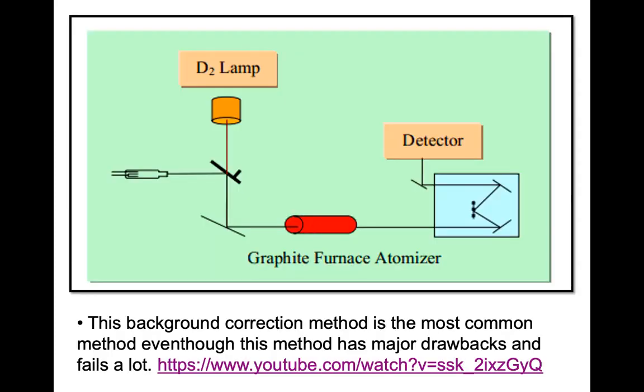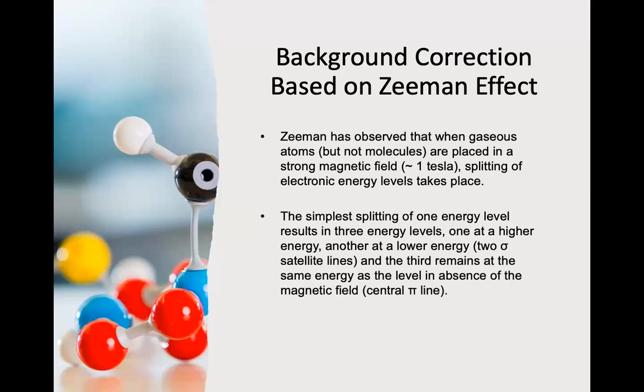You have to watch this video because it's difficult to explain. You need to watch the video and understand how the background is being corrected. Okay, so I mentioned the Zeeman effect.